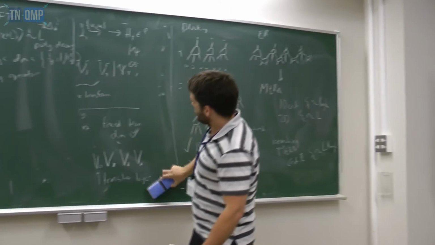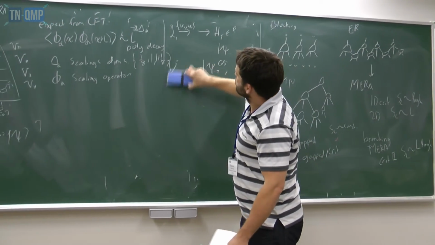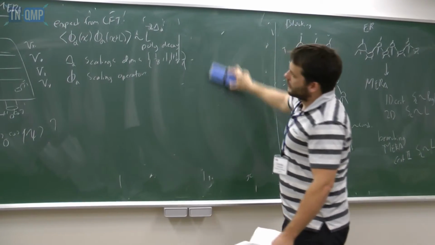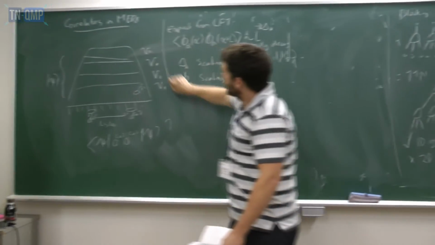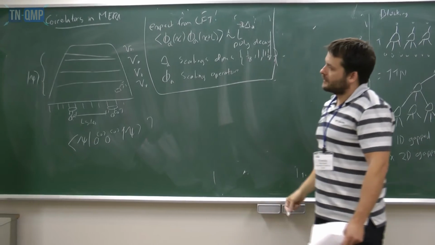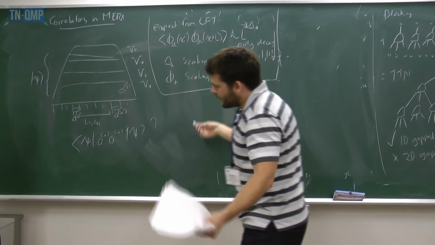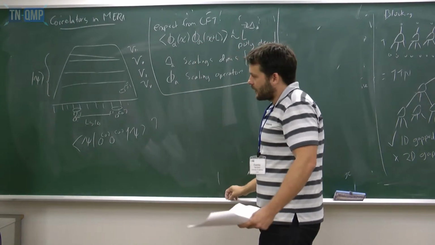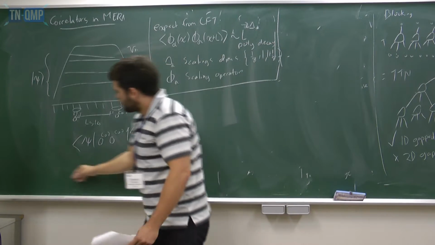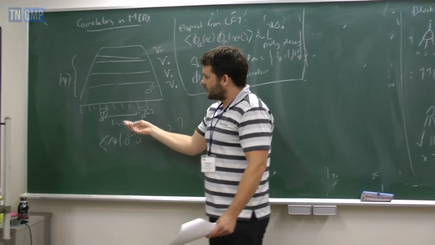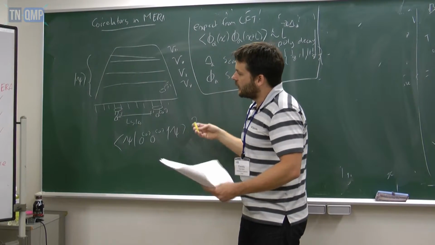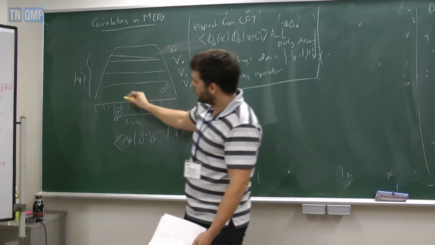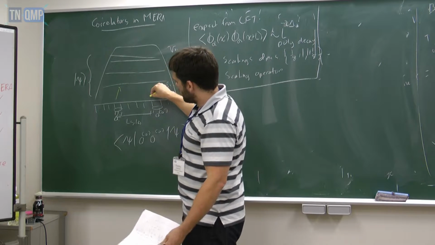Okay, so the idea is, can we reproduce this expectation from conformal field theory? A simple expectation: does the MERA have correlators that scale in the same way? How we could do this: imagine I have my local operators down here. What I showed you before is how we can implement a coarse graining of local operators in our MERA.